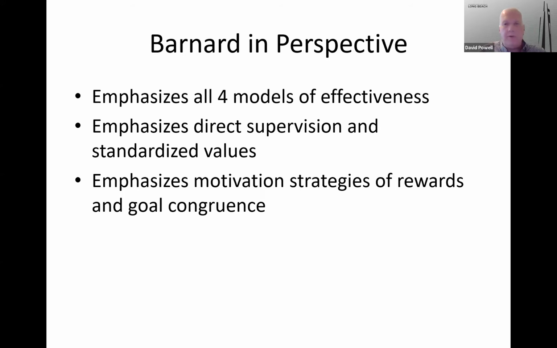Now, again, here is a situation where I wish that the open system cell could be shaded in much lighter than the other cells, because the real focus is going to be on internal process, human relations in terms of how you work with your employees to get these contributions, rational goal, because we agree the goal of the organization is agency survival, but less so in terms of open systems.